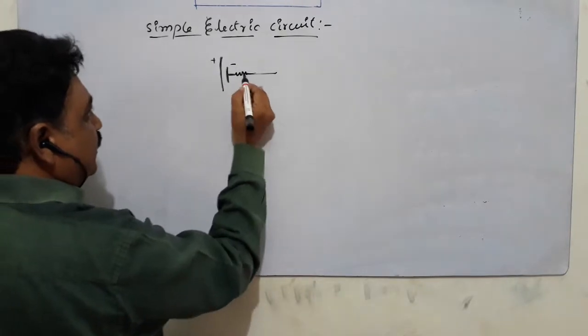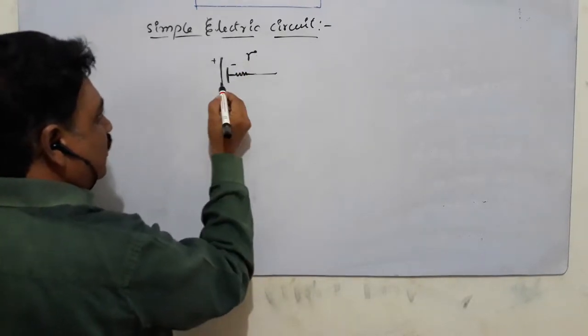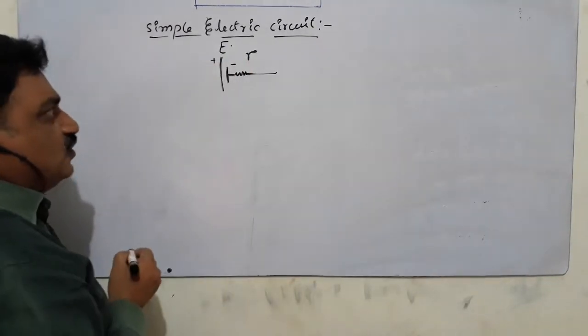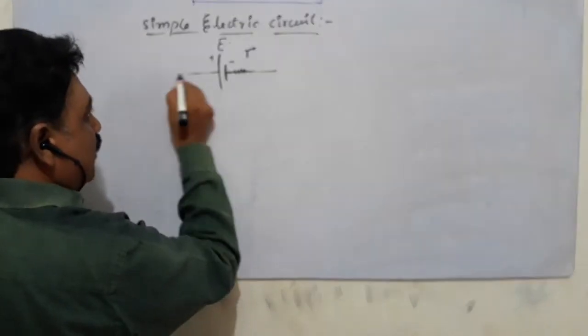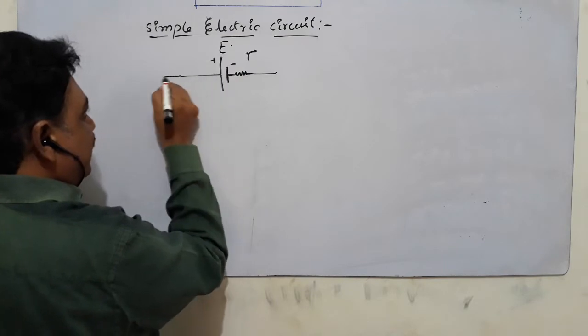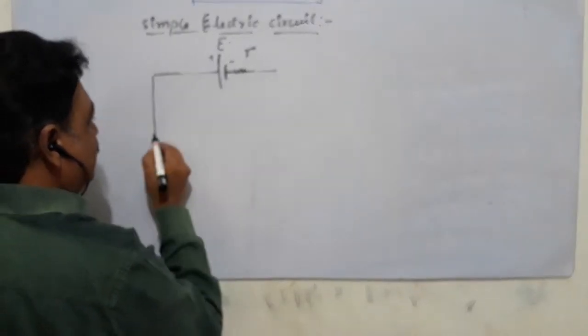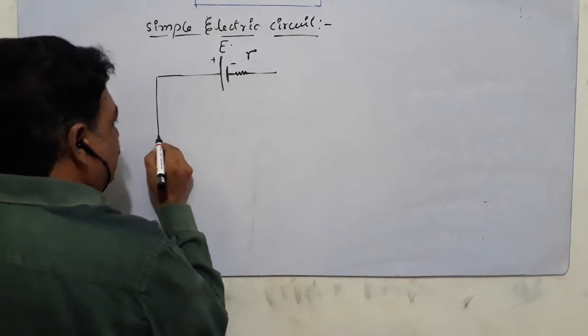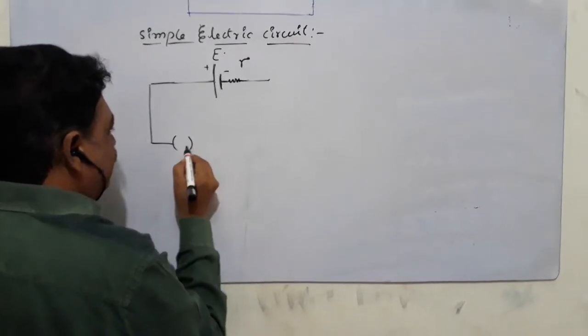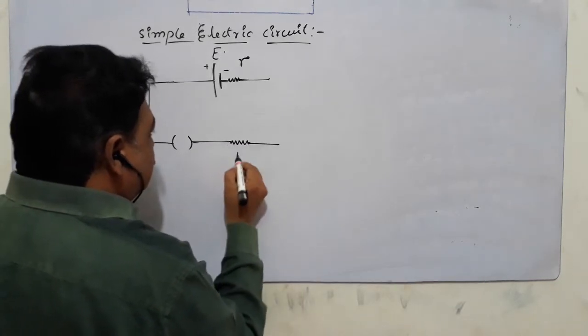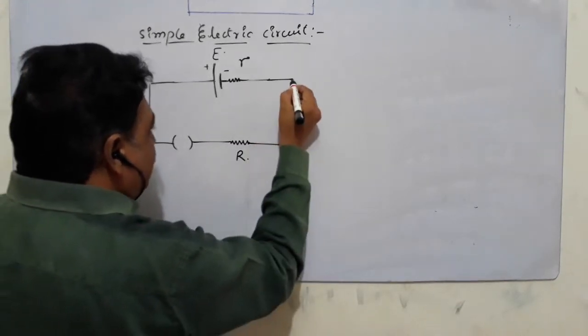developed, that is internal resistance of the cell, and as we have already discussed, the electromotive force of the cell E. And in the entire circuit, the cell with its internal resistance is connected to a tap key, and an external resistance R is connected to the cell.